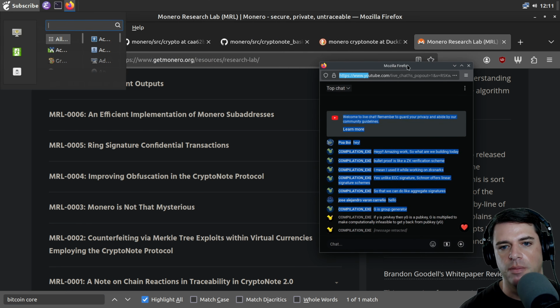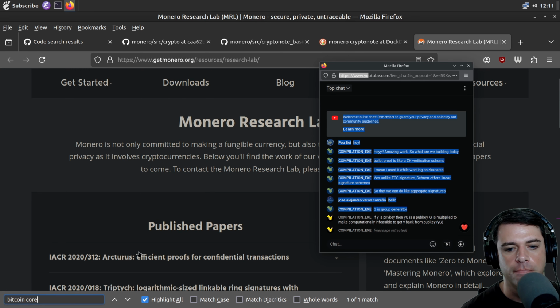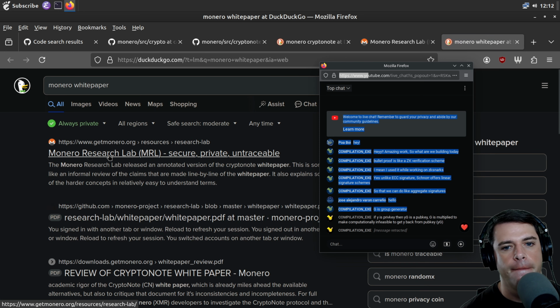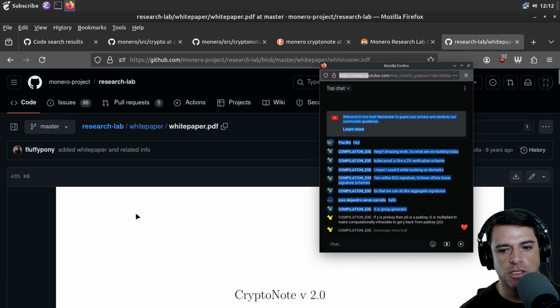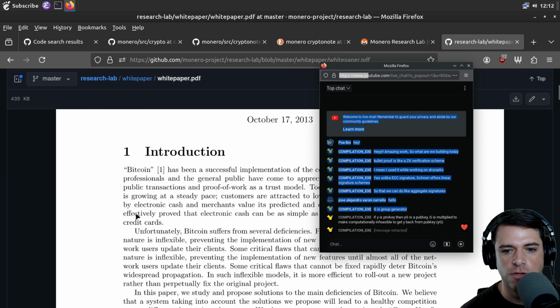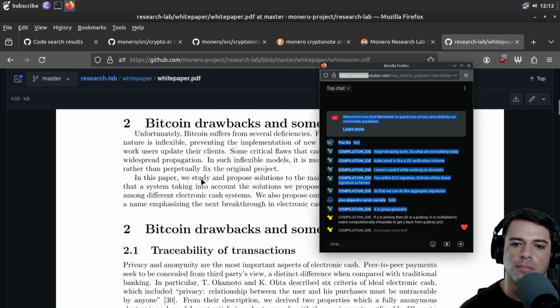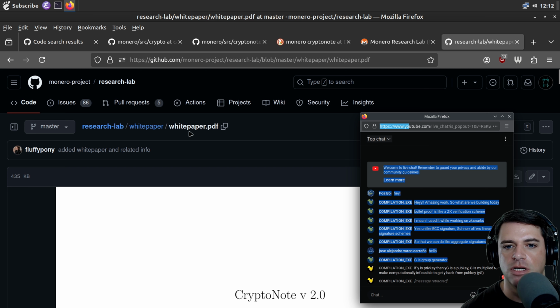Maybe I should just read the white paper. Did I read the white paper? Is this the original one? CryptoNote, the 2.0. This is maybe not the original, but it might be interesting enough.